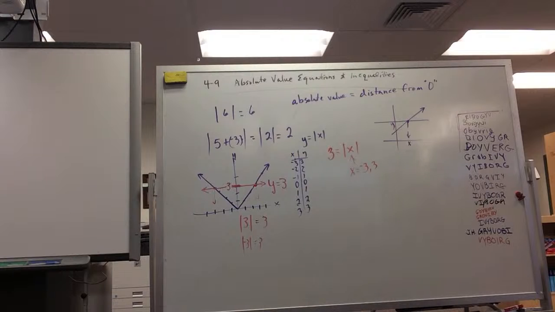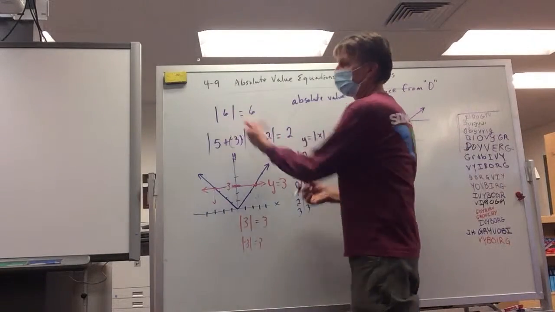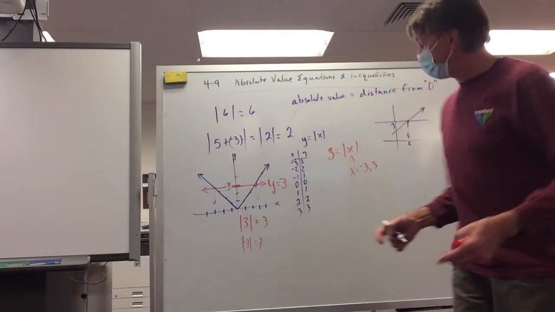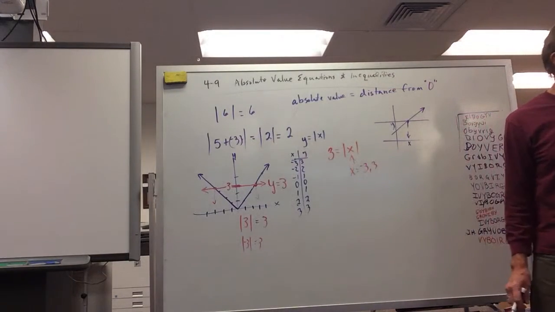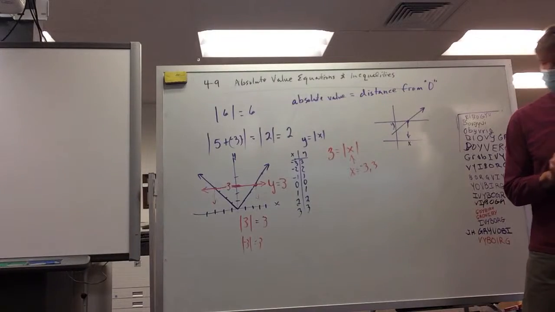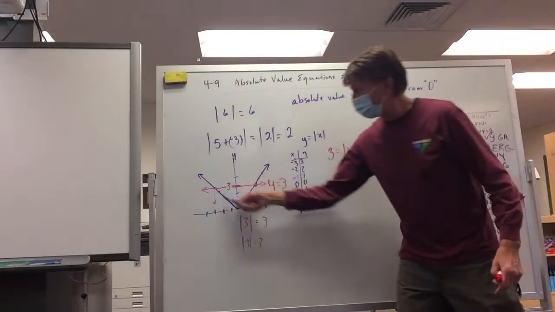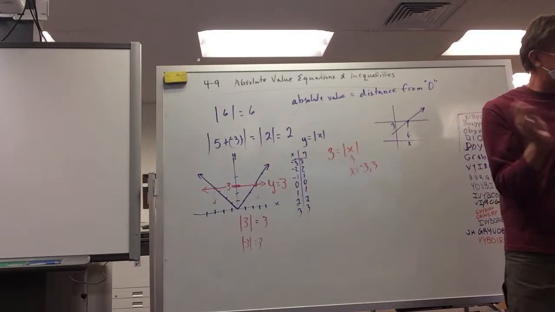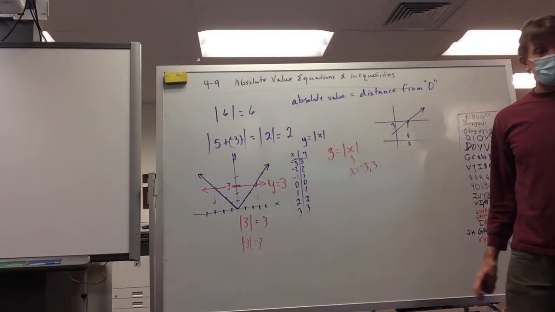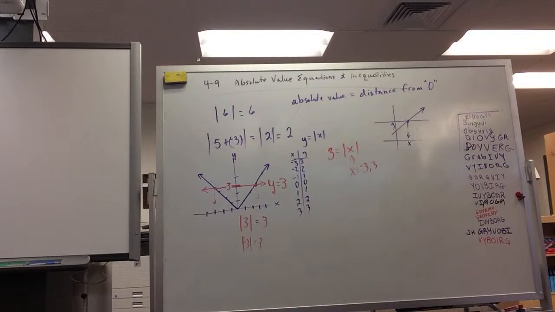But we don't always work with simple things like just a number inside here. We have variables, and the variable isn't always going to be alone. Sometimes that might be x plus 7. And when we do that to equations, it makes this shape of a graph move around. It slides left and right, and it can go up and down. Over the years, you'll learn more and more about that.